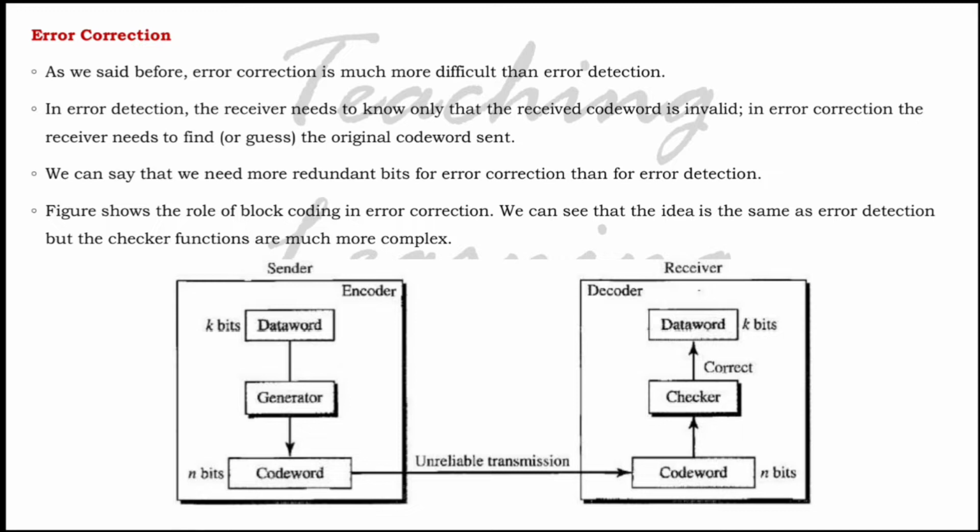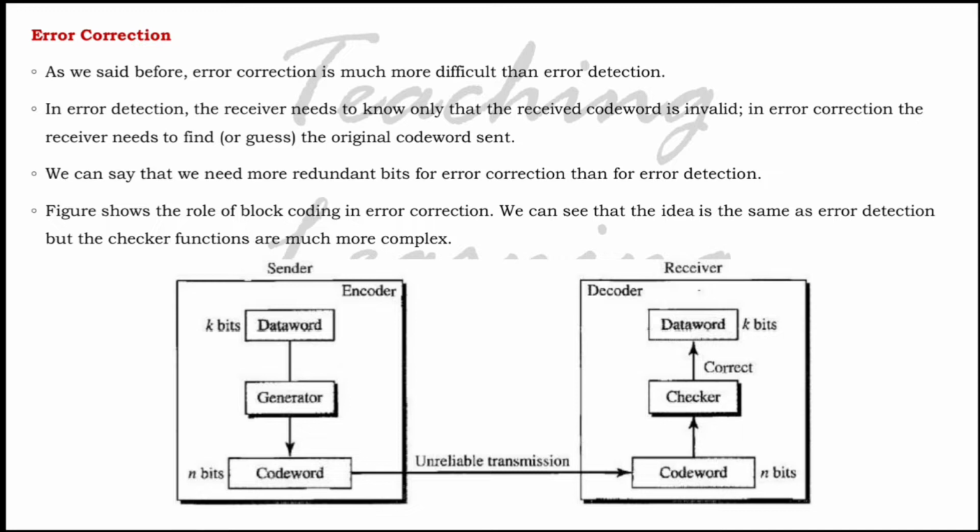Error detection is much simpler because they only need to verify whether the data that is sent is invalid or valid. But error correction means they need to get the correct original code word that was sent.